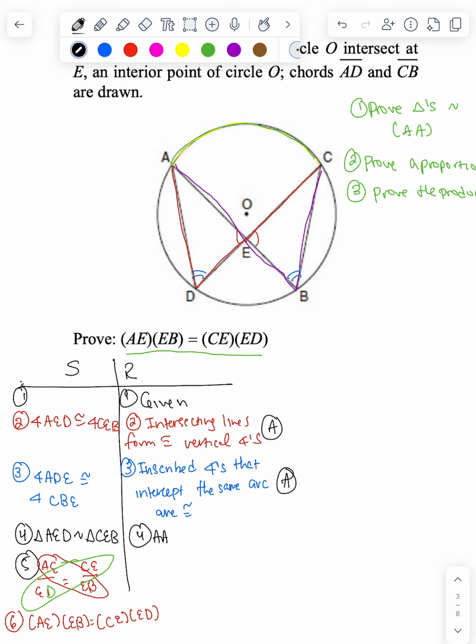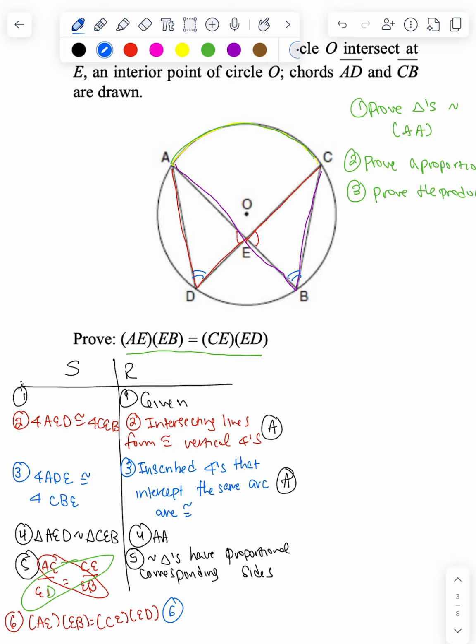And now we can write our reasons. It's the same reason anytime you're proving a proportion, because you just proved the triangles similar. Similar triangles have proportional corresponding sides. And anytime you're proving a product, it's the same reason.